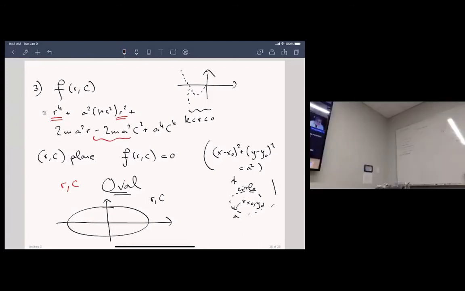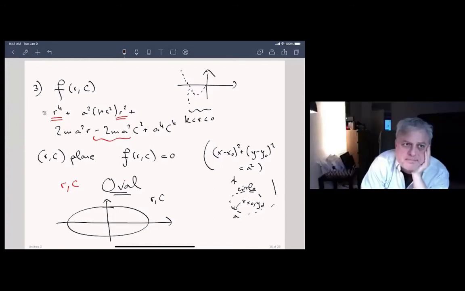Good. So C is allowing us to explore the theta part of the space. Exactly. And A is actually the spin per unit mass, not the total spin.